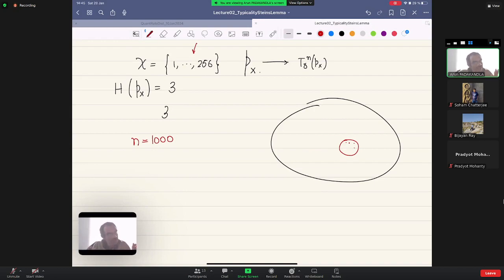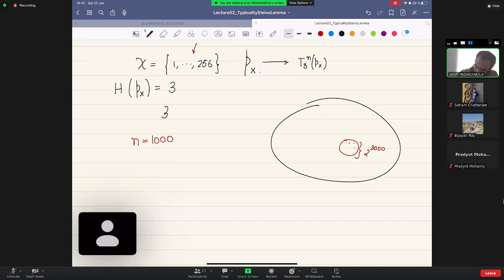But you really only need 3000 bits. The number of sequences here is only 2 to the power 3000. So you index them with 3000 bits and send those 3000 bits to the other person. Essentially you have saved 5000 bits. You understand? Yeah, that makes sense.